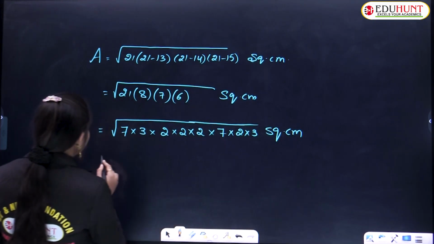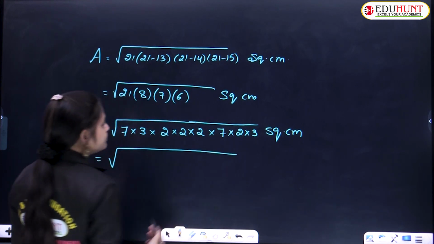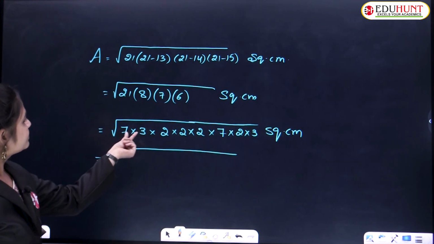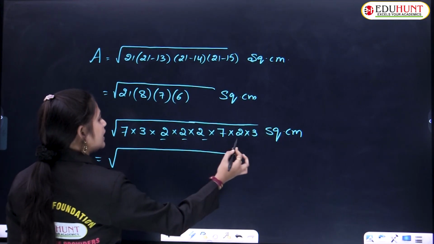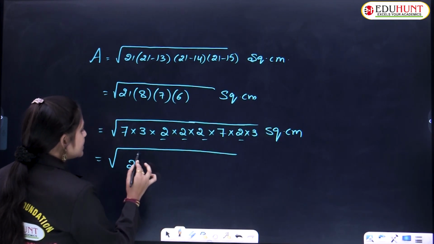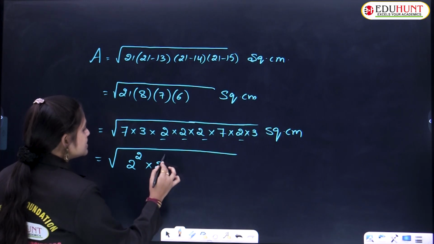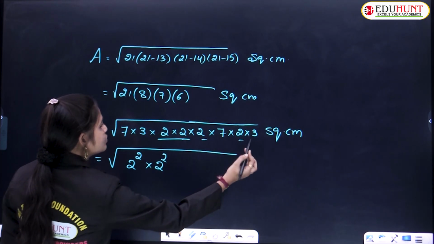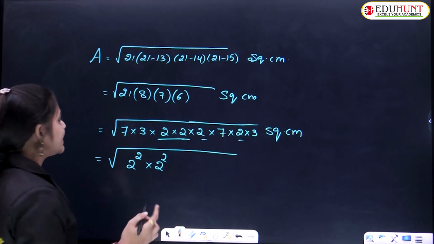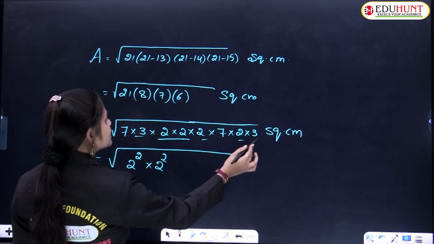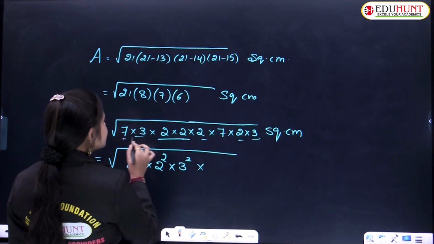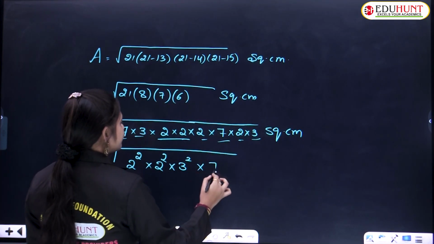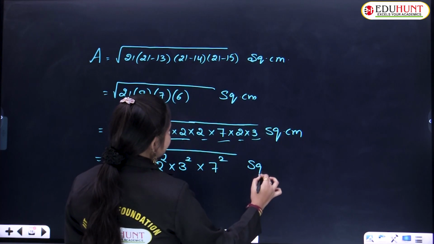Clear? Now under the square root, how many times is 2 there? 1, 2, 3, 4. Four times 2 is there, so we can write it as 2 square into 2 square. 3 is there 2 times, so 3 square, into 7 square centimeters.